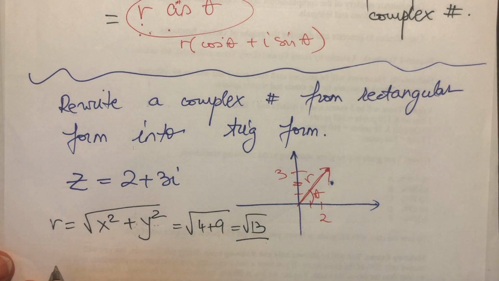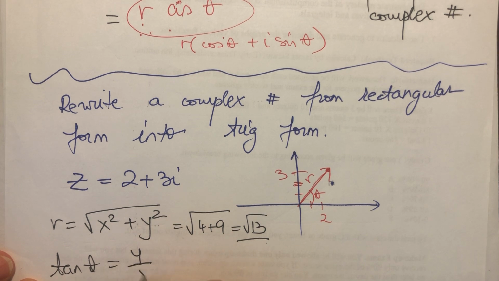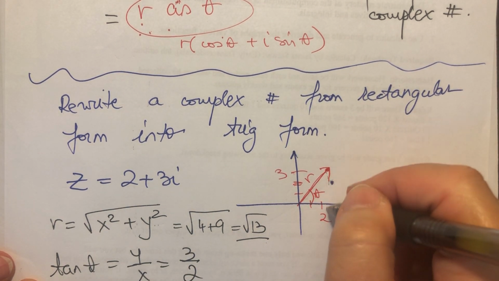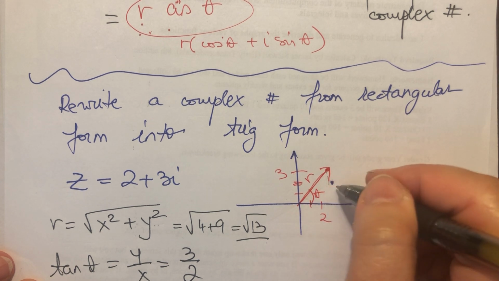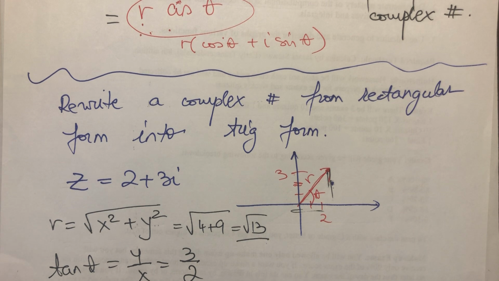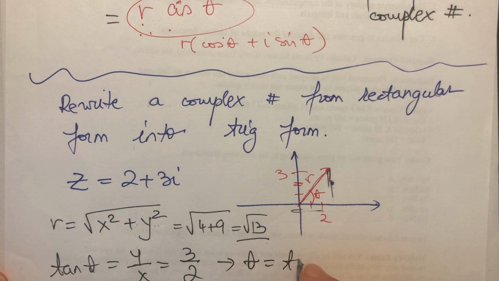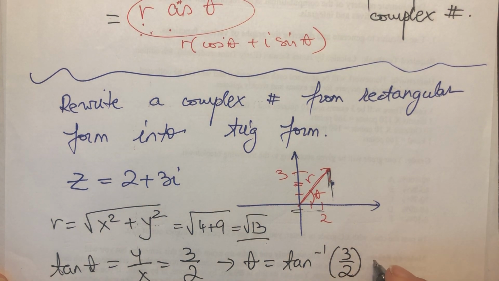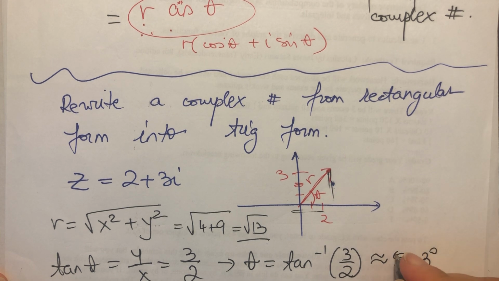How do I find theta? Well, tangent of theta is y over x, so it's 3 over 2. You can even see it in this triangle: tangent is opposite, which is 3, divided by the adjacent, which is 2. So all I have to do is use tangent inverse of 3 over 2. Your calculator is going to get you about 56.3 degrees.